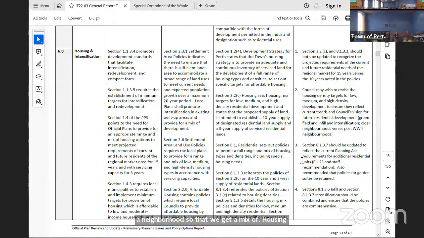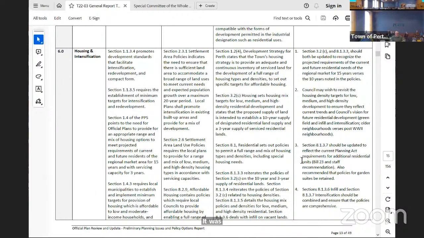I've got one community right now and they're a little freaked out about the fact that 35% of the houses in an established neighborhood are up for sale. They're going, what's going on? What did we do? Well, it's pure demographics. It was a subdivision developed of all single detached houses in 1990, and everybody that moved in there was relatively the same age. The school that supported the neighborhood has fewer kids in it.